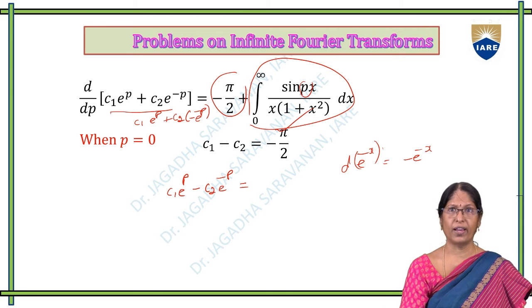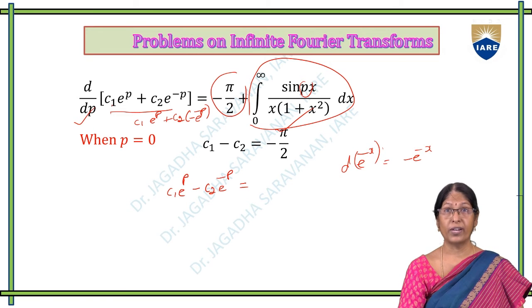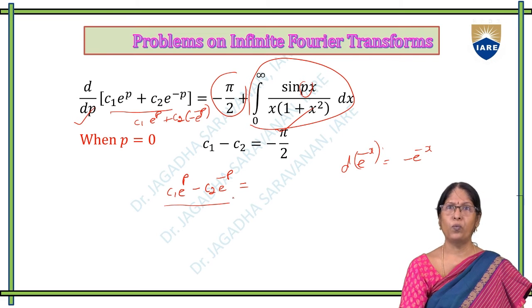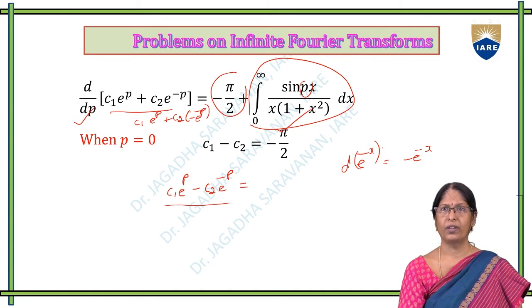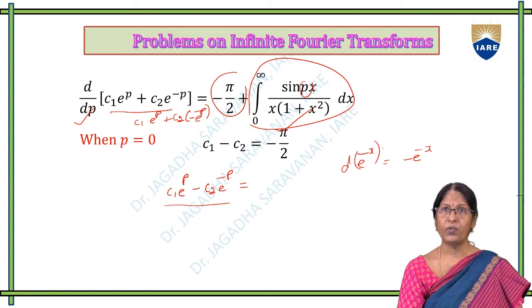Whereas on the left-hand side, after doing this differentiation with respect to p, we obtained c1 e power p minus c2 e power minus p, in which wherever there is p, we will substitute the value 0.